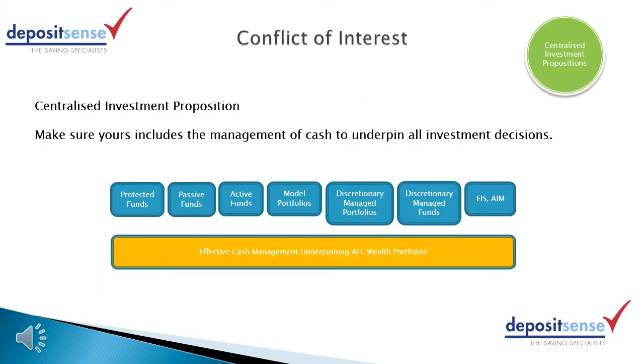So if you really want to start to mitigate some of these conflicts of interest and some of these issues which ultimately come around to bite you at a later date, then you need to make sure that your centralized investment proposition includes the effective management of cash, which is used to underpin every single investment portfolio that your business undertakes.